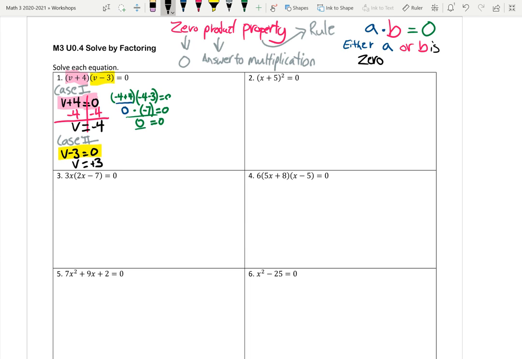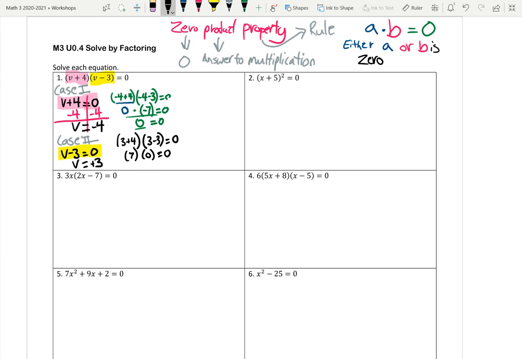Like all answers, I must check the validity of v equals positive 3. Through this check, I can better my understanding. 3 plus 4, 3 minus 3. And then upon solving it, I get 7 times 0 is 0.